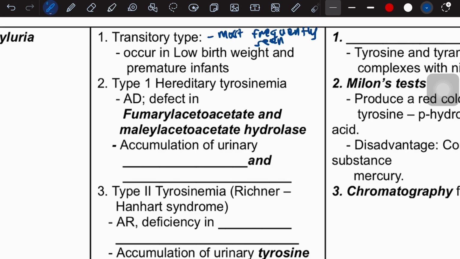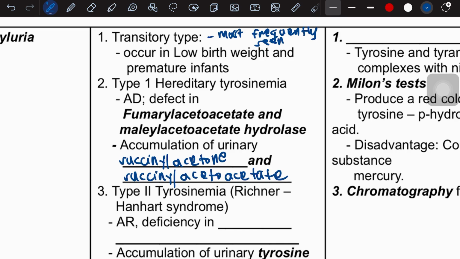So, for your type 1, that is the defect in your fumarylacetoacetate hydrolase. So, there is accumulation of urinary succinylacetone and succinylacetoacetate.